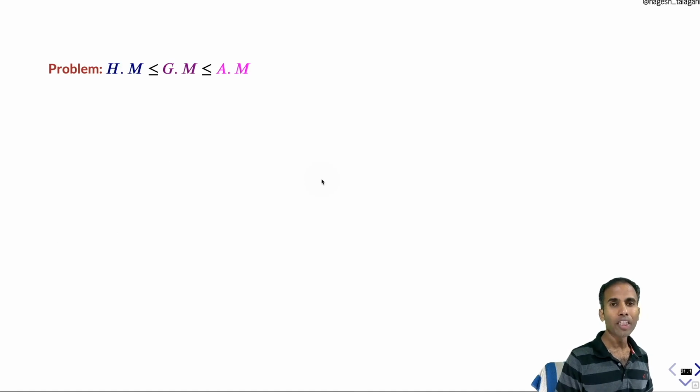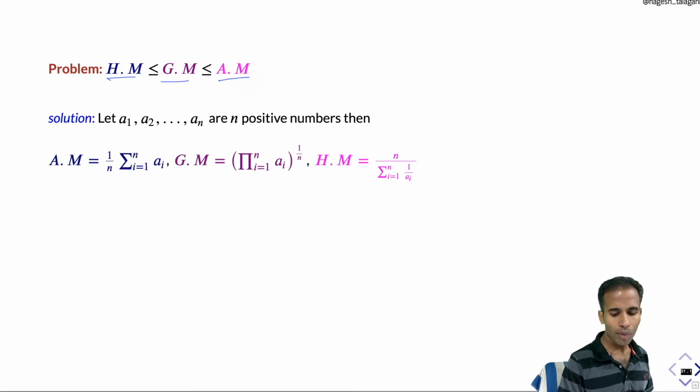Next problem. In this problem, we are going to prove a famous inequality, that harmonic mean is less than or equal to geometric mean, which is less than or equal to arithmetic mean. We are going to prove this inequality using Jensen's inequality. First, let a1, a2, up to an be n positive numbers.